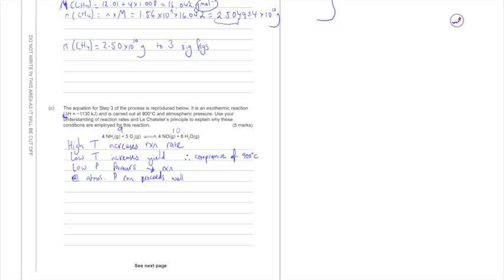So essentially, guys, the high temperature used is a compromise between the rate and the yield.